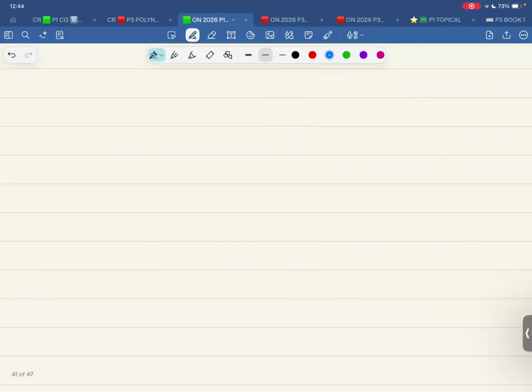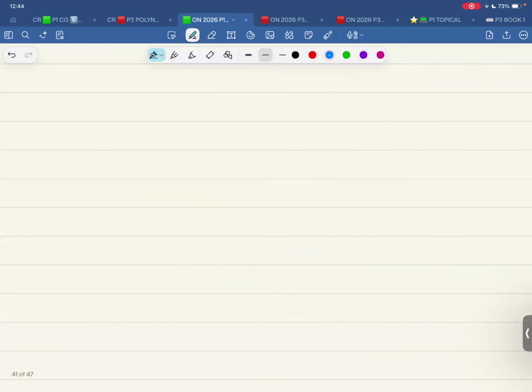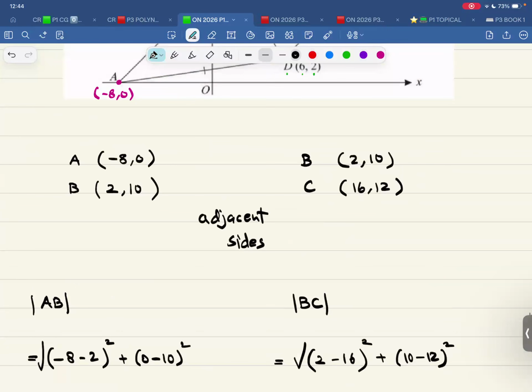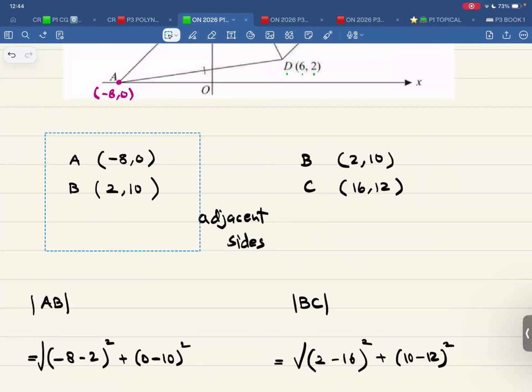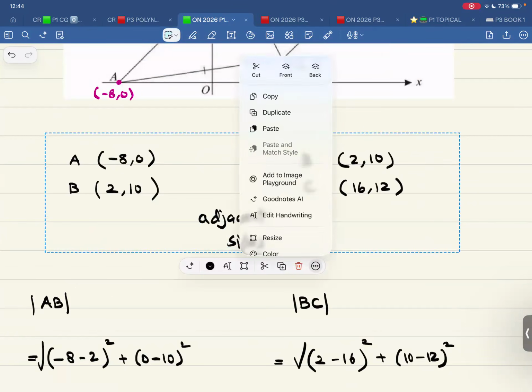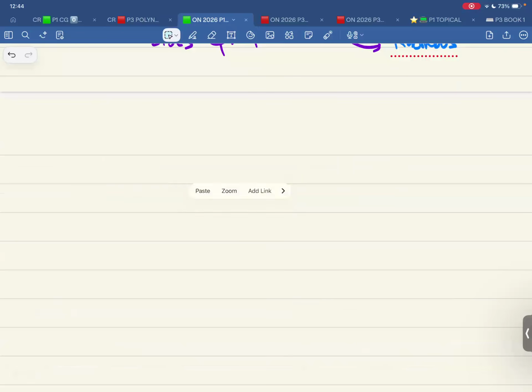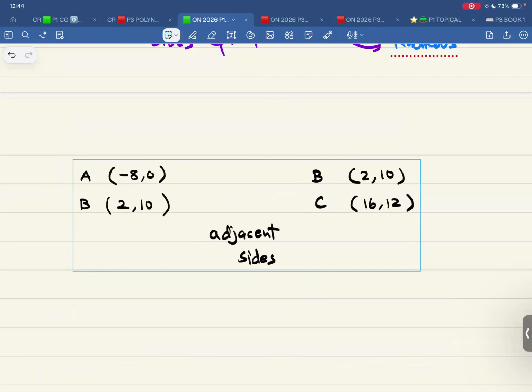We can also calculate the gradient. So now let's calculate the gradient of adjacent sides. And since the angle is not 90 degrees, still prove it. Don't go on the looks.